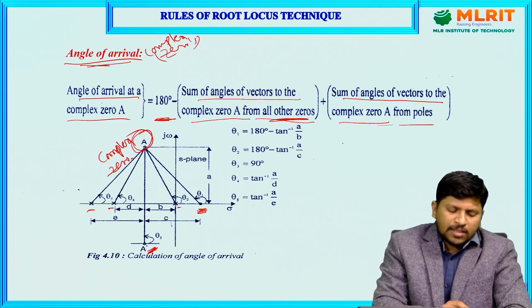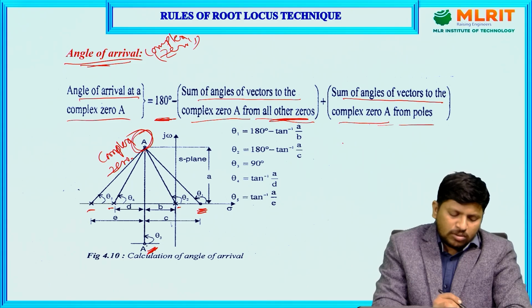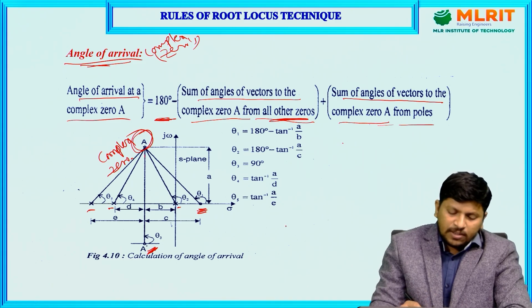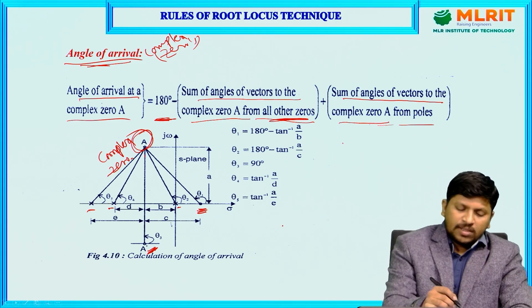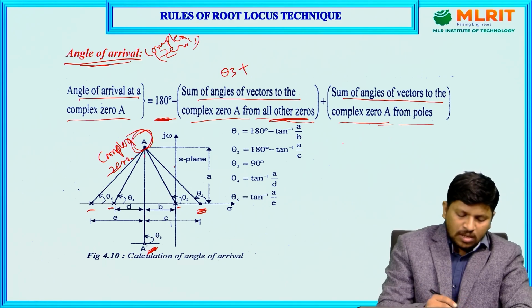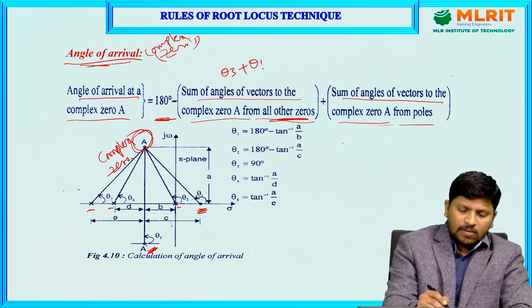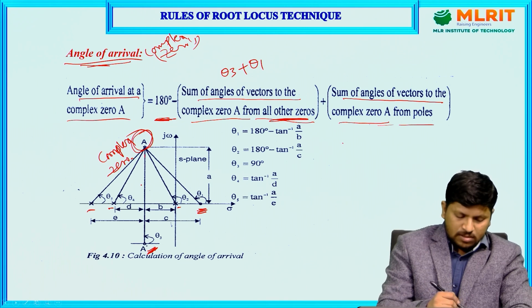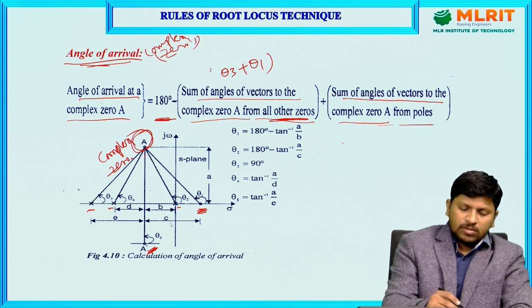From complex zero a to the remaining zeros, from here to here is theta 3, plus theta 1, these two zeros.